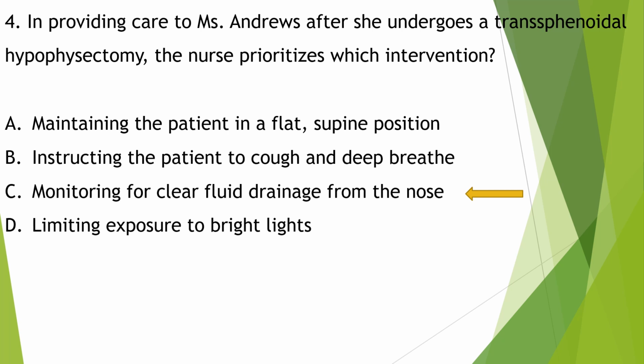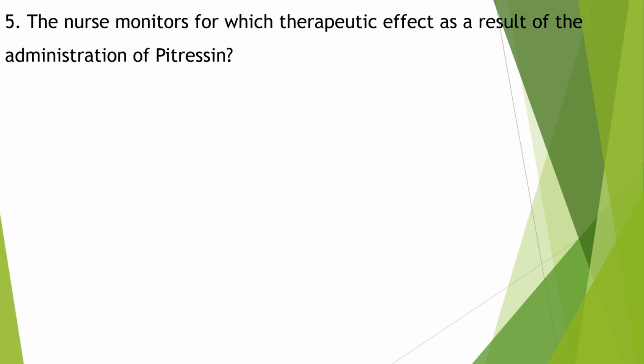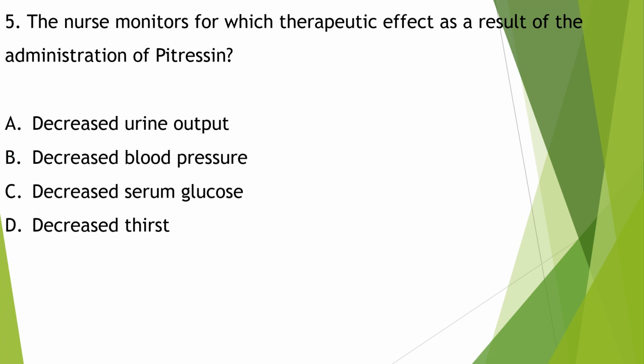The nurse monitors for which therapeutic effect as a result of the administration of Pitressin? Decreased urine output, decreased BP, decreased serum glucose, decreased thirst.